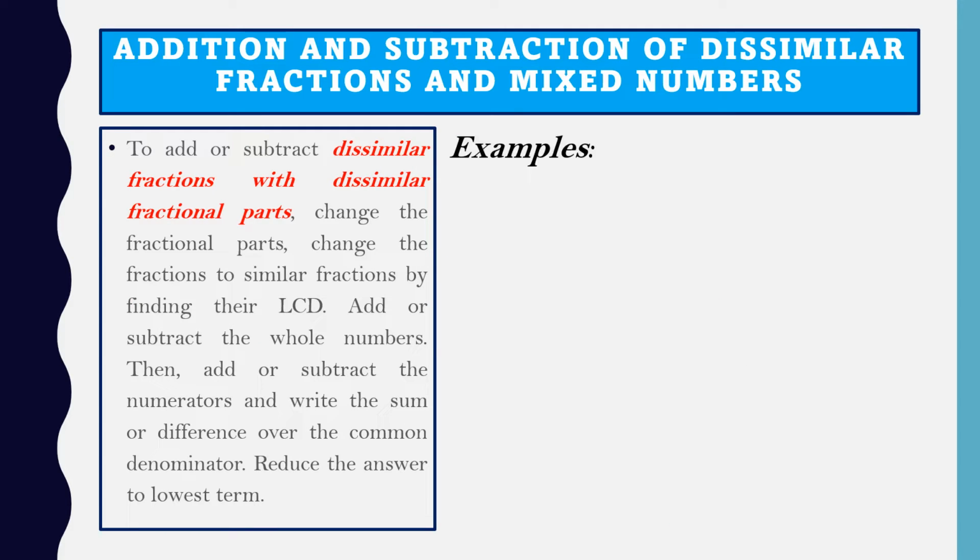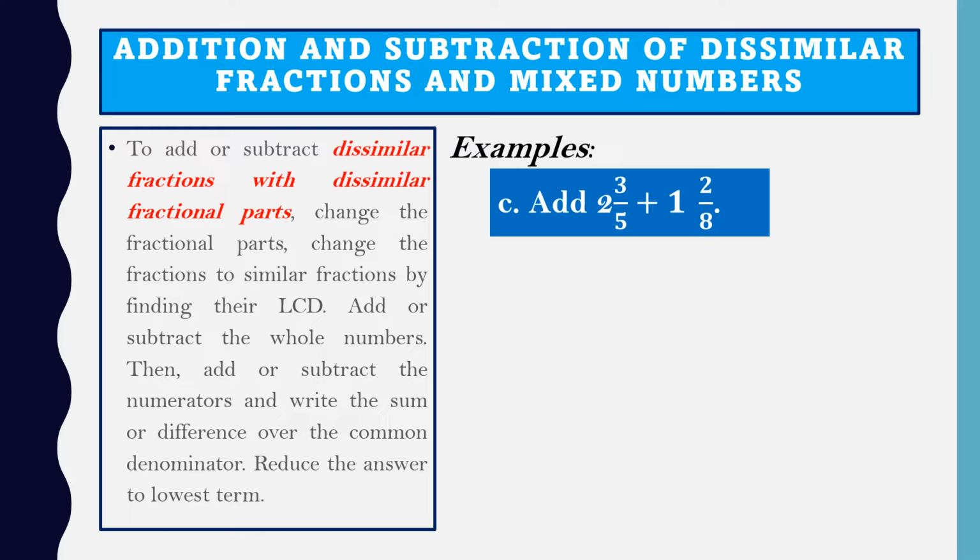Next example. This time we have a mixed number. So we have 2 and 3/5 plus 1 and 2/8. We disregard first our whole numbers and get the LCD of our denominators 5 and 8. 5 and 8 both have the same multiple, which is 40.